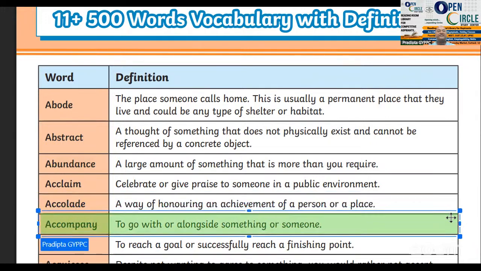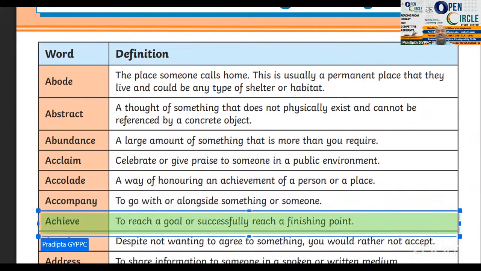The next word is accompany. Accompany means being together, साथ रहना. I am going to accompany my sister to school. मैं school अपने sister के साथ जाऊंगी. The next word is achieve. Achieve means to get something, to reach the finishing point. You have achieved a lot in your career. Congratulations. Achieve. Pana.